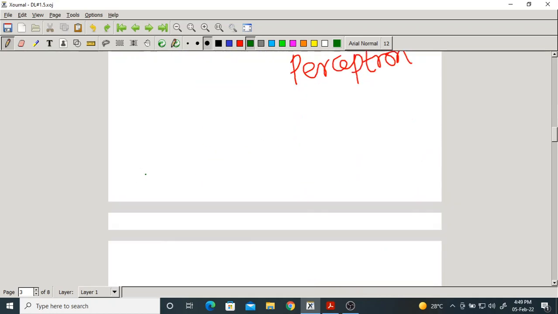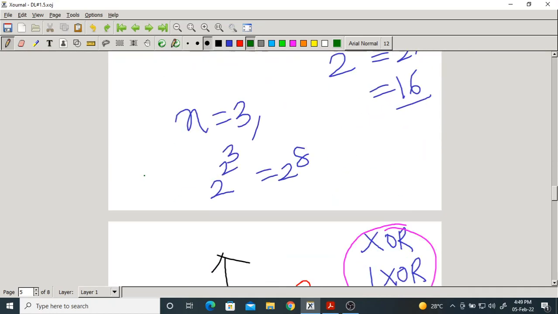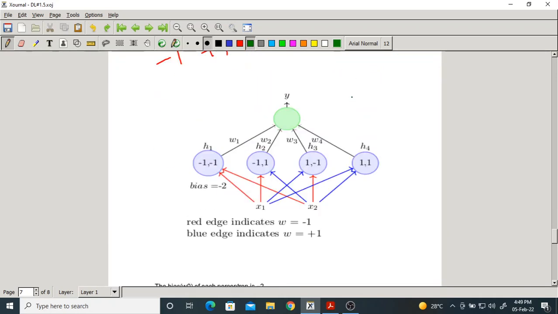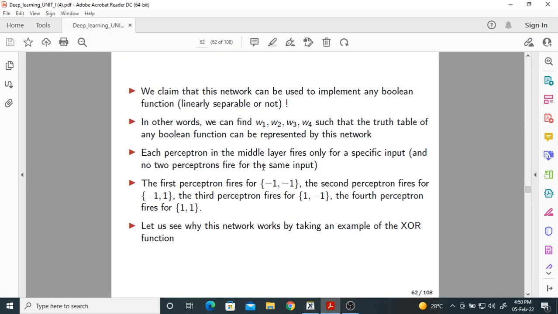But what we want to say is that using this network of perceptrons, we can implement any Boolean function irrespective of whether it is linearly separable or not. That is what I want to prove. I don't mind whether it is linearly separable or not, but I can surely implement any Boolean function using a network of perceptrons.